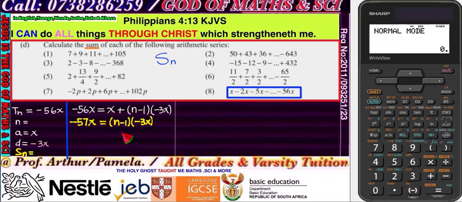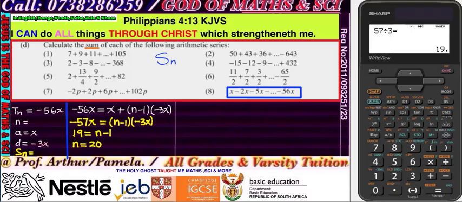Nothing wrong with that. Or you can divide by negative 3. Come on, when you divide minus 57x by negative 3x, it's going to be positive. The x will be gone. So I just need to take 57 divided by 3. I've got 19. So then I've got 19 equals n minus 1. Wow, when I transpose the 1, I get 20. So the number of terms that I've got is 20 terms.